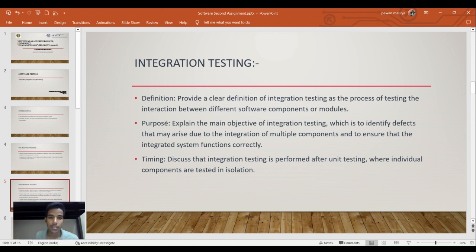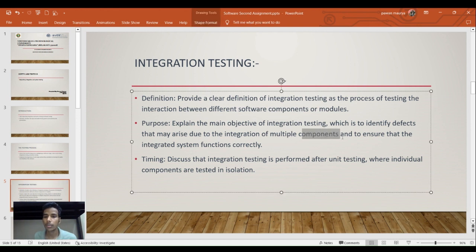Purpose of integration testing: explain the main objective of integration testing, which is to identify defects that may arise due to the integration of multiple components, and to ensure that the integrated system functions correctly. Timing: discuss that integration testing is performed after unit testing, where individual components are tested in isolation.